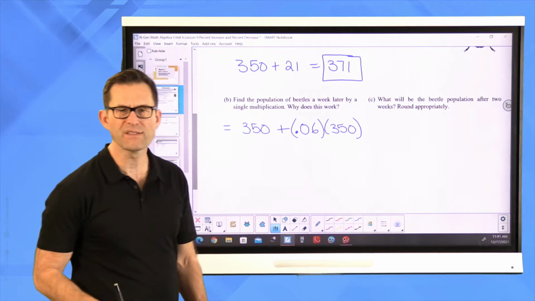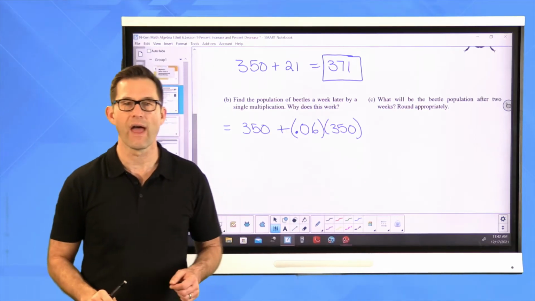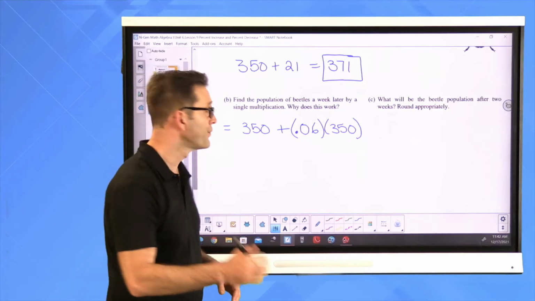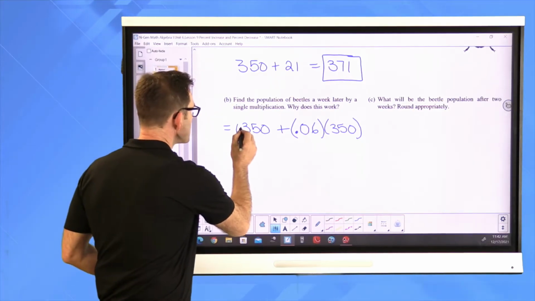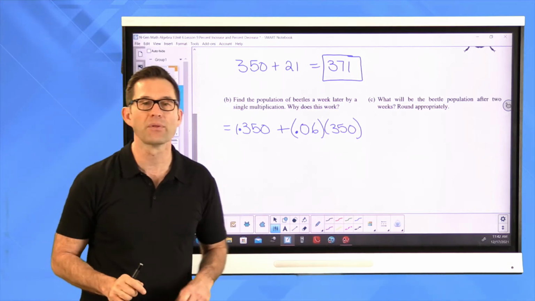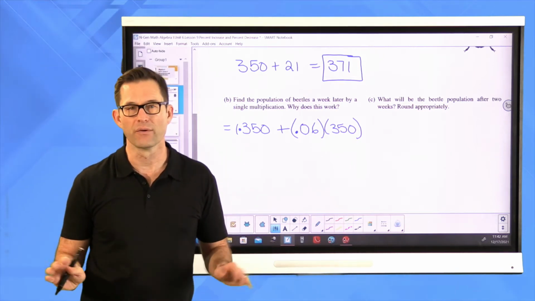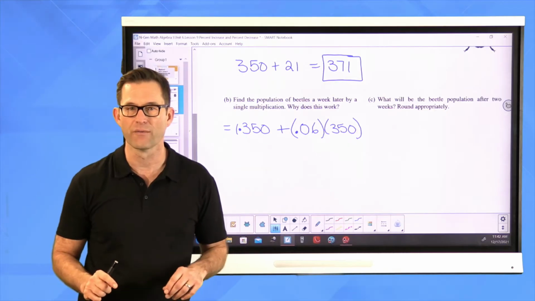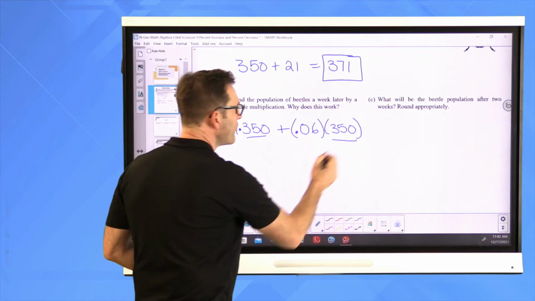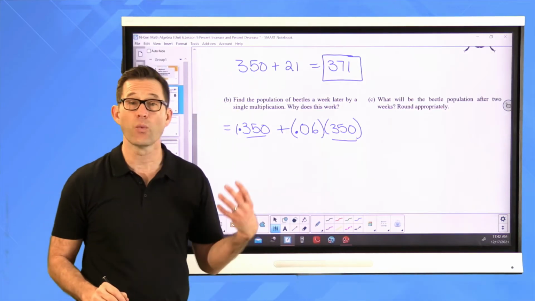So that's really the calculation we did in letter A. Now, how can we do this as a single calculation? I'm going to put a 1 times 350 in front of that. Please note, that's not 1,350. That's supposed to be a 1 times 350. Notice now I've got a factor of 350 in each one of those terms.